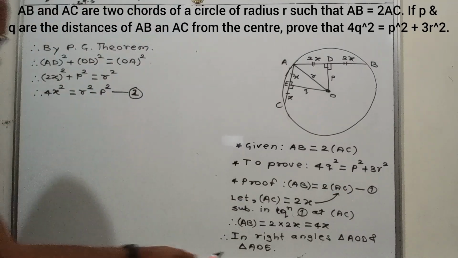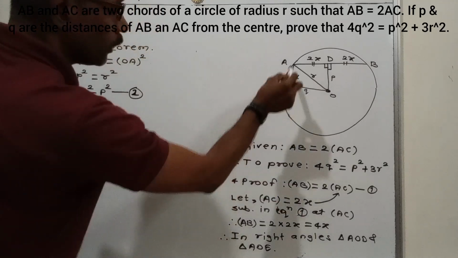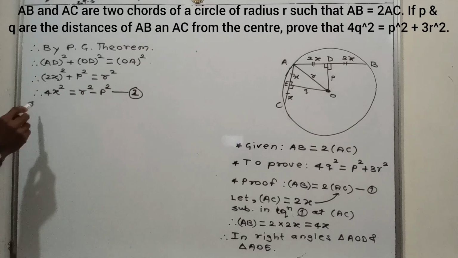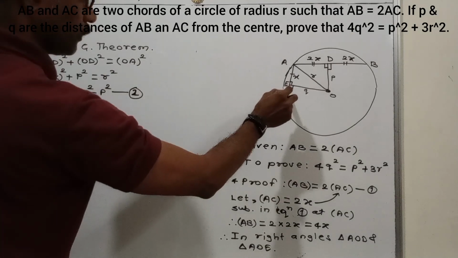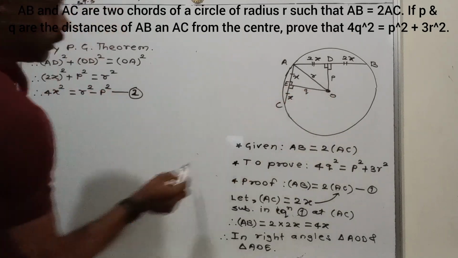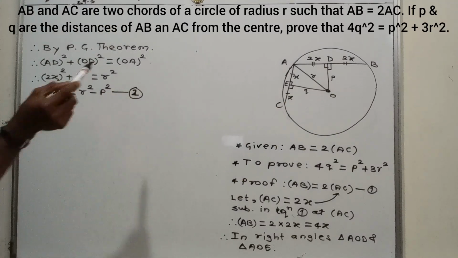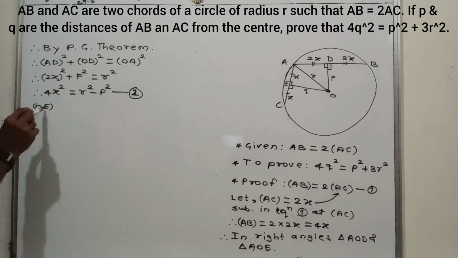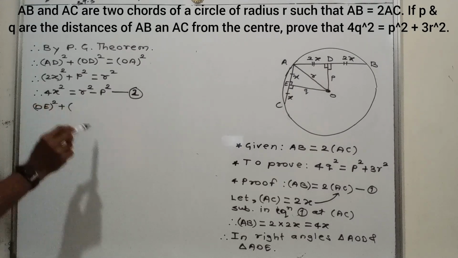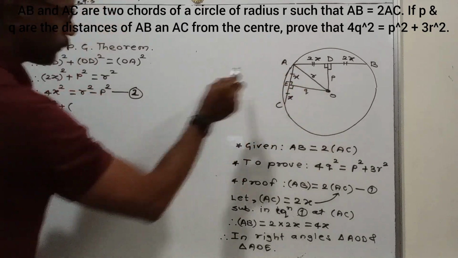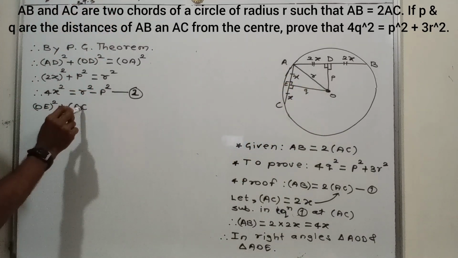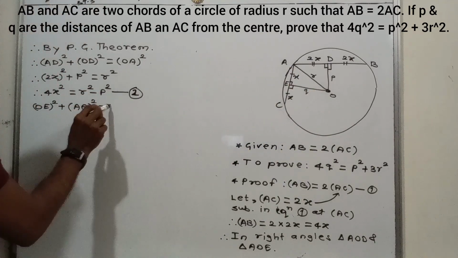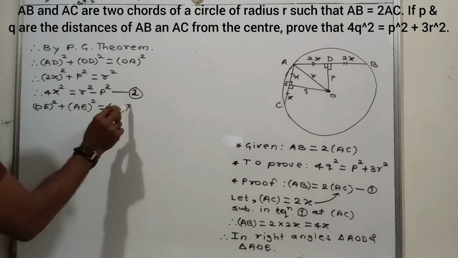Now we take right angle triangle AOE. Same by Pythagoras theorem. OE square plus AE square is equal to hypotenuse OA square.